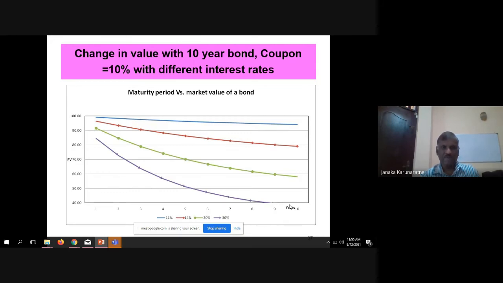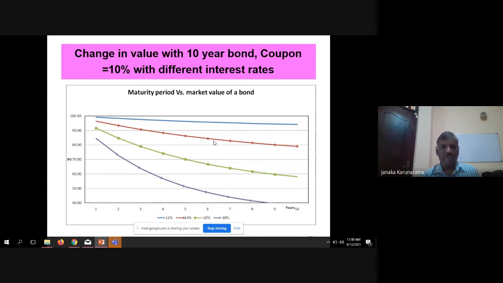Sorry, other way. So at 11%, this is how your price depends on the maturity, 1 year, 2 year, up to 10 years.